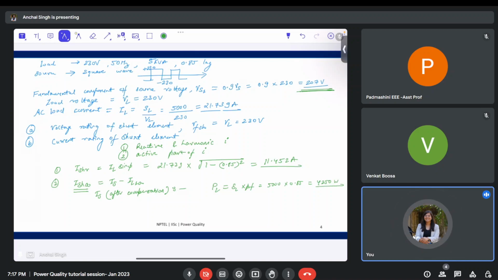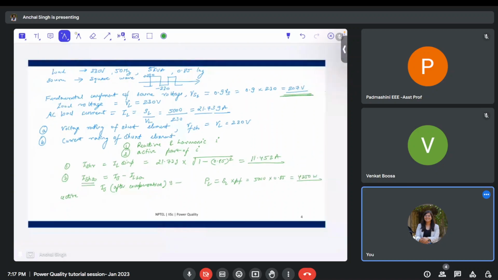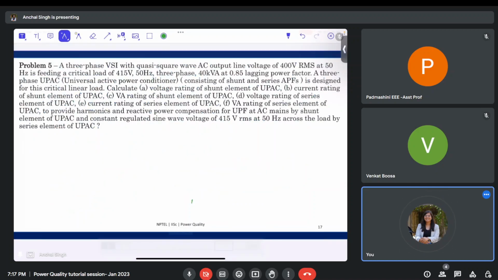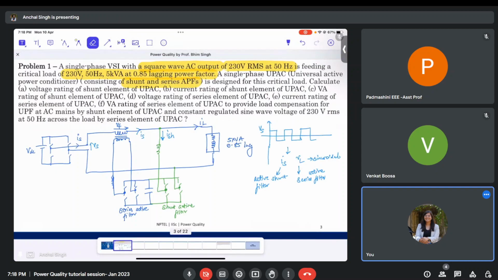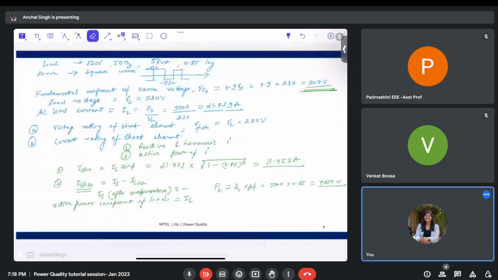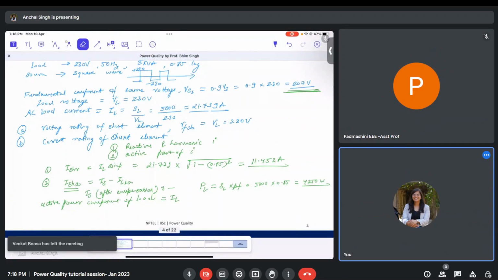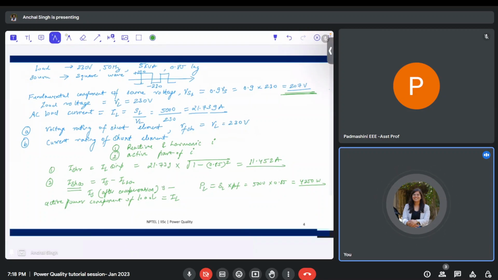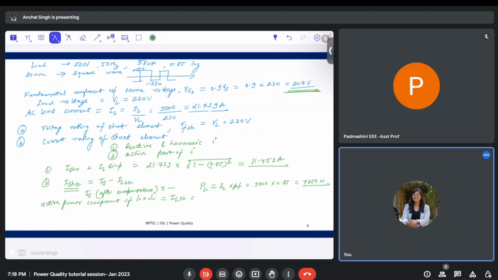Now, after calculating the load active power, we know that the active power component of load current, which we call IL1A, is equal to PL by VL, or IL cos phi, which is given as 4250 by VL.